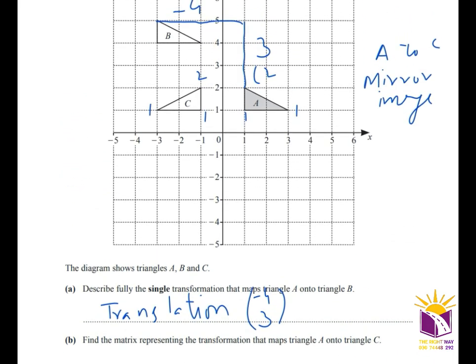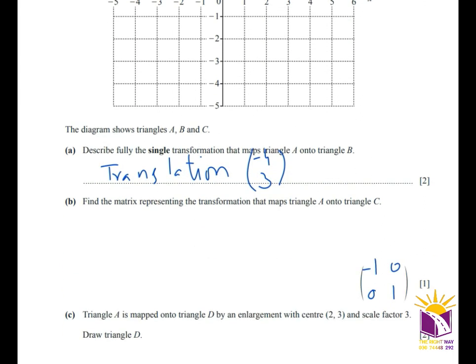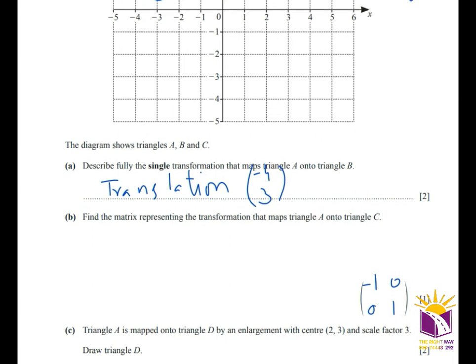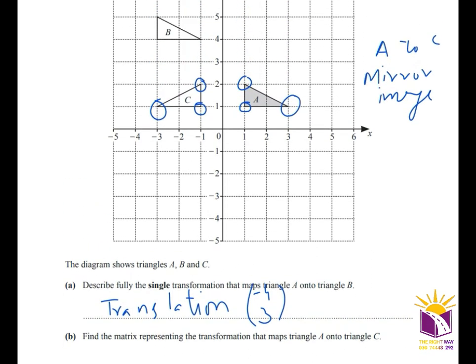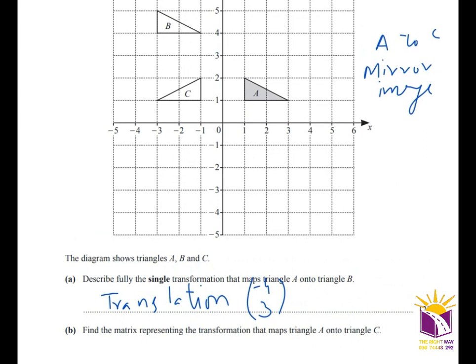My x-coordinates are changed: 2 becomes minus 2, 1 becomes minus 1, 3 becomes minus 3. So for x I will write minus 1. So this is the matrix representation for the transformation of triangle A onto triangle C, which is the mirror image with center origin and along the y-axis.